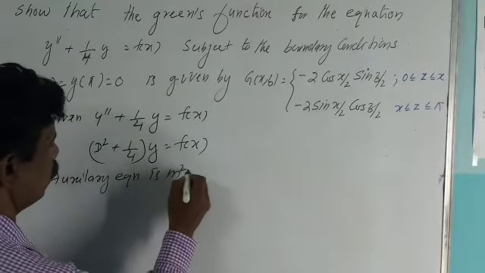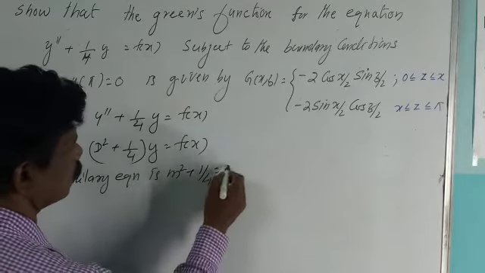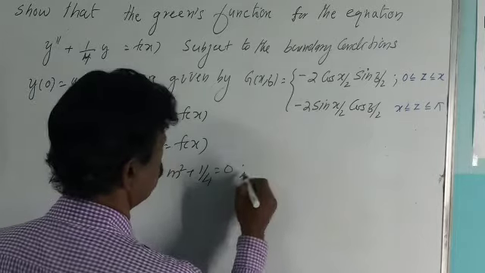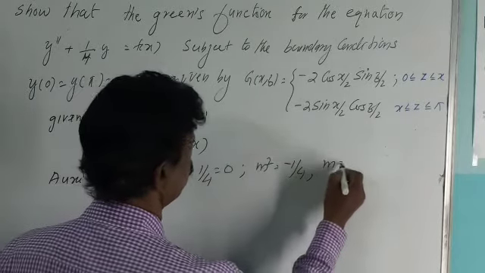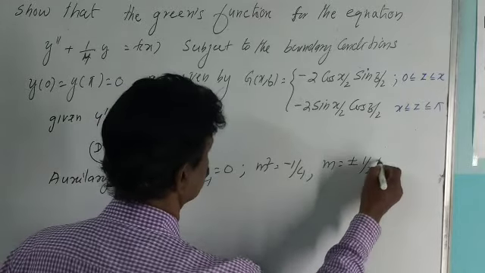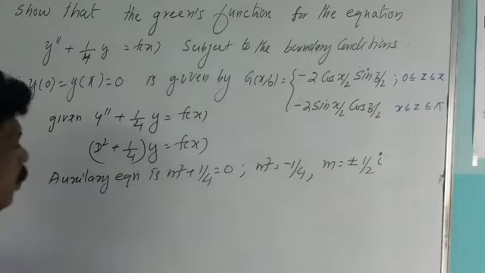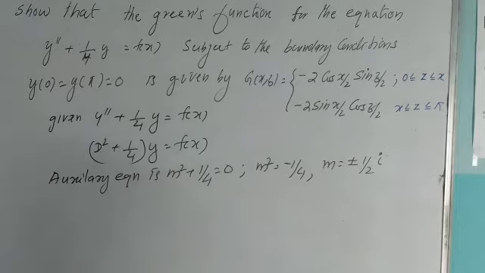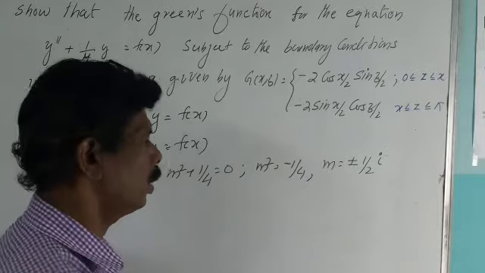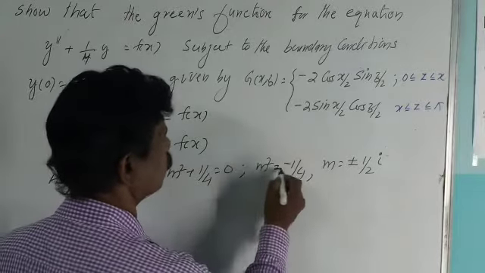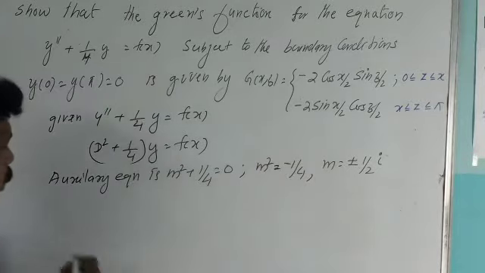Then the auxiliary equation is m square plus 1 by 4 equal to 0, which implies m square equal to minus 1 by 4, then m equal to plus or minus 1 by 2 i.